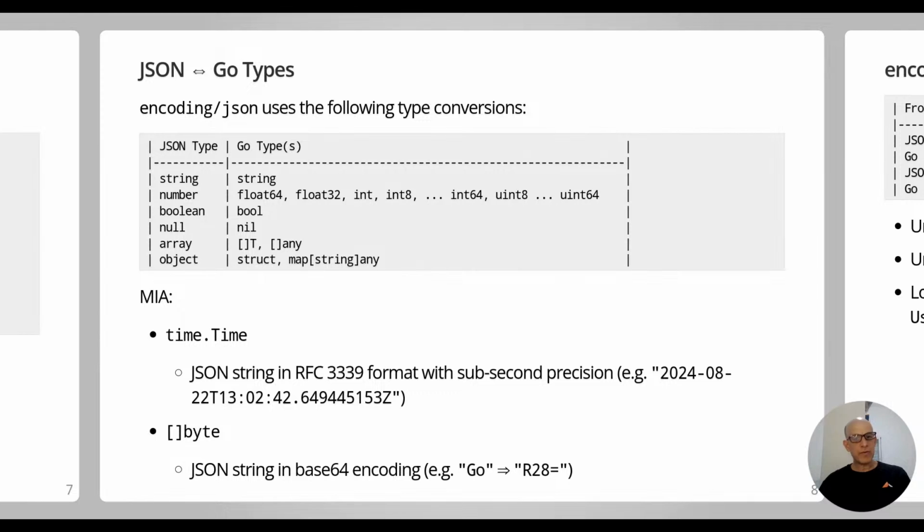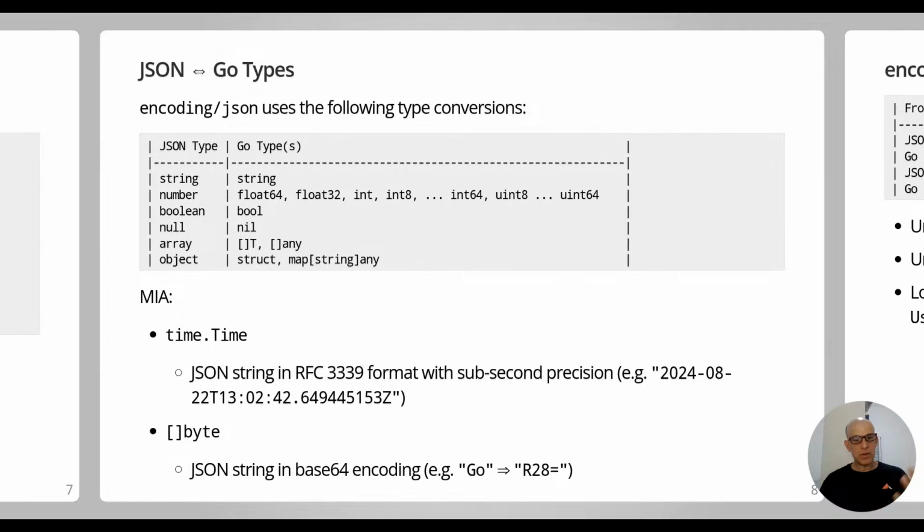And working with a map from string to any can be really frustrating, especially if you have nested JSON objects and then you need to take one of them and convert that also to a map of string to any and continue there. This is not really fun. So we prefer to work with structs, and we'll see that later.